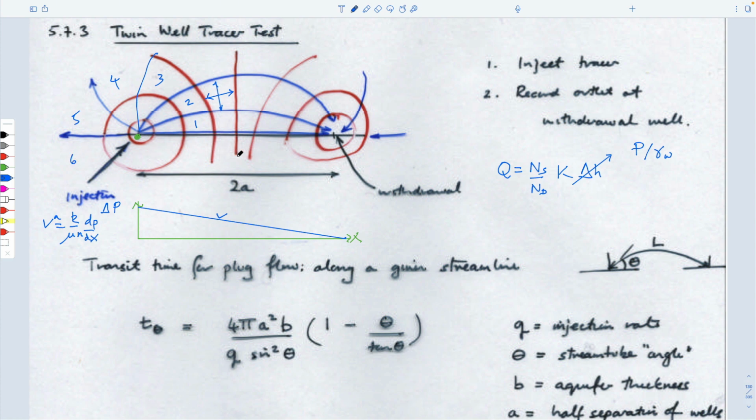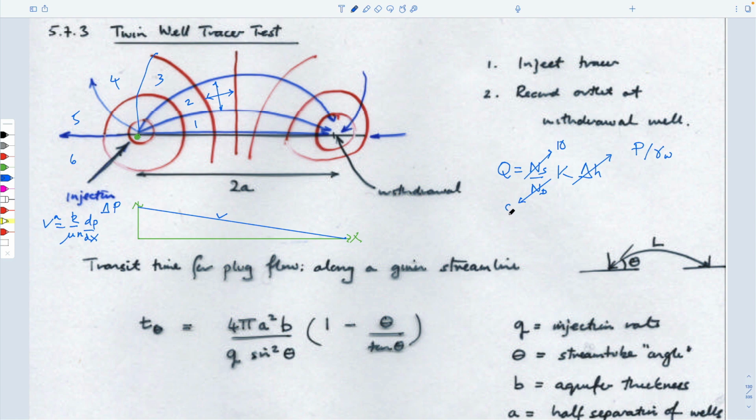I didn't draw the ones on the bottom, so this would be roughly 10. And the number of drops going from here to there would be 1 drop, 2 drops, 3 drops, 4 drops, 5, 6, 7, 8. Not bad.